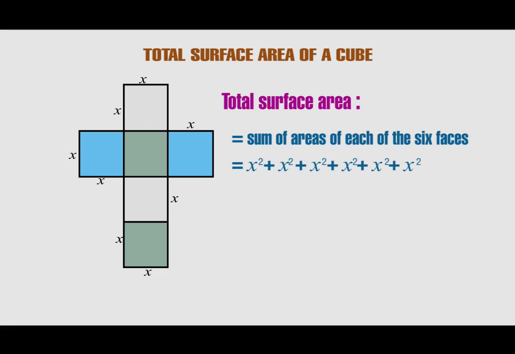Because we have 6 faces, the total surface area will be x squared plus x squared plus x squared, 6 times. And if you simplify that, you have 6x squared. So you say the total surface area of a cube is 6x squared, where x is the side of a face.